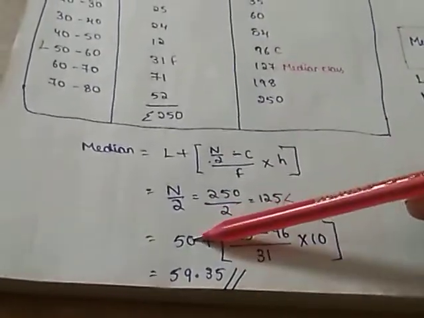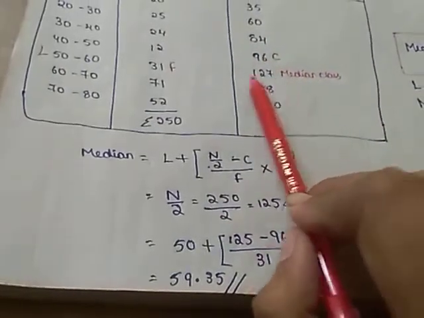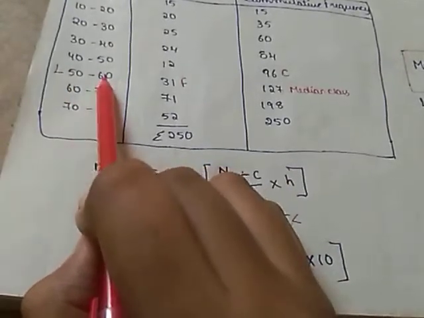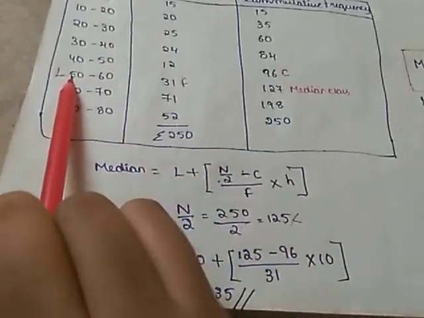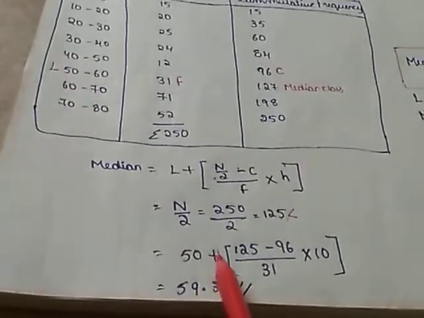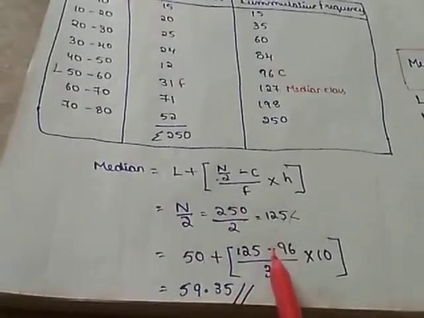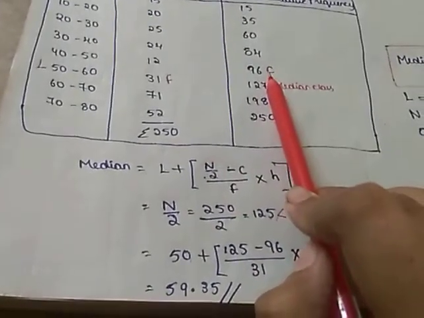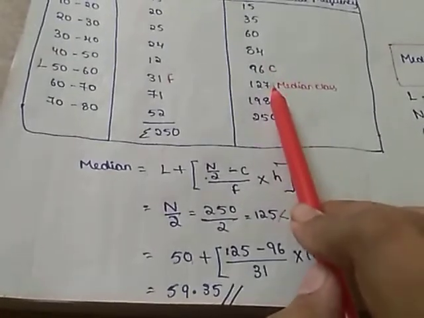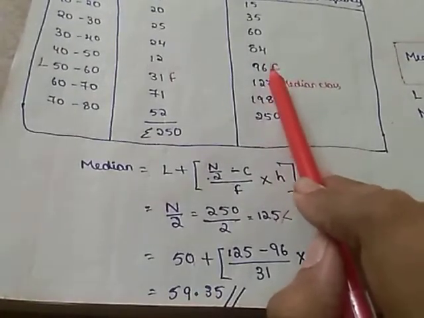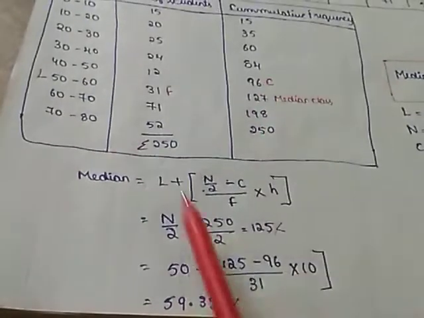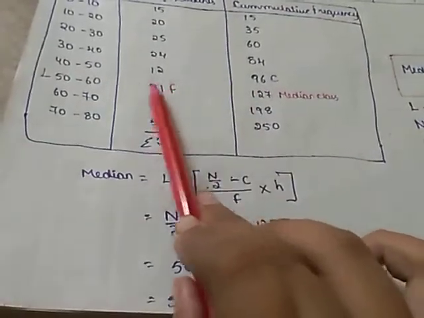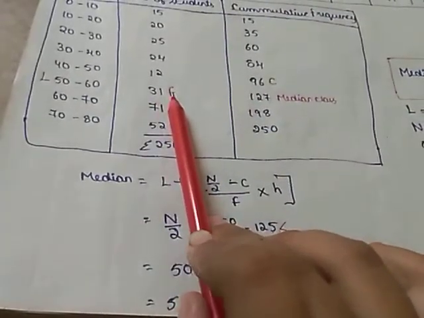In the median class, this 50 is the L. L means the lower limit, U means the upper limit, and in our formula we have only L. So L is 50, plus n by 2, which we got as 125, minus C, which is 96. I mentioned that C means the cumulative frequency preceding the median class; if this is the median class, the immediately preceding one is C. So it is 96, by f. In the median class, the frequency is 31.